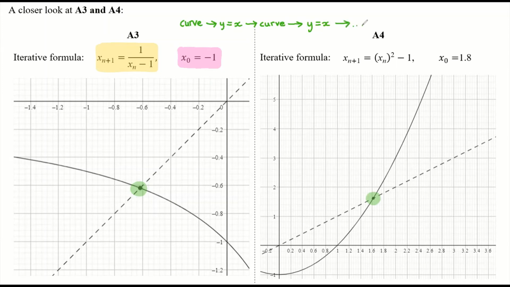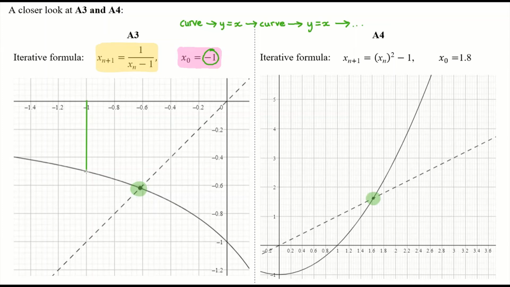So if we go to the curve, this is going to be a vertical line. So starting at x0, which is -1, right here, that's my starting point. So I'm going to draw a line from -1 to the curve. So I'm going to the curve first of all. Okay, now I've gone to the curve.